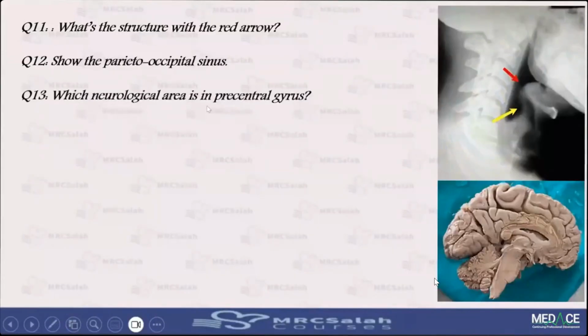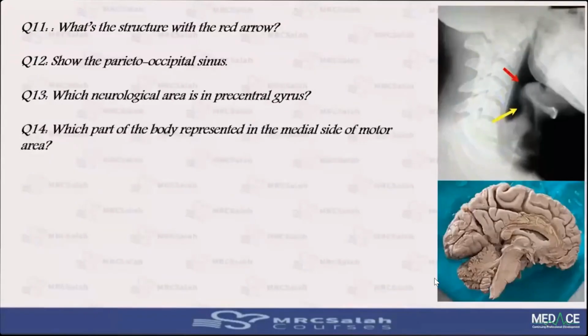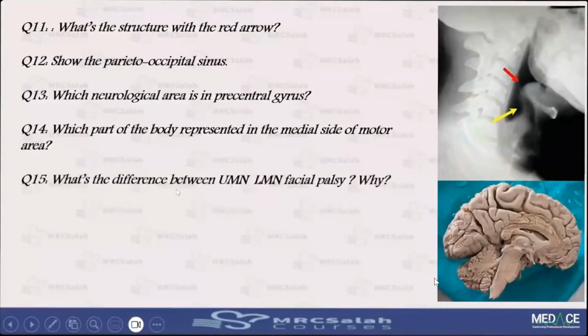Which neurological area is in the precentral gyrus? That is the motor area. Yes. Which part of the body is represented in the medial side of the motor area? Lower limb. What is the difference between upper motor neuron and lower motor neuron facial palsy, and what causes this difference?